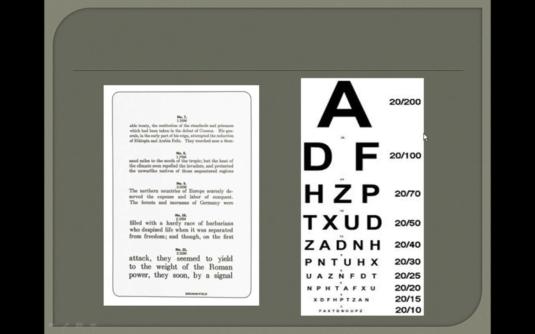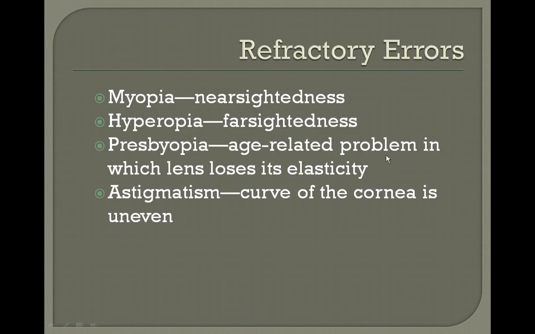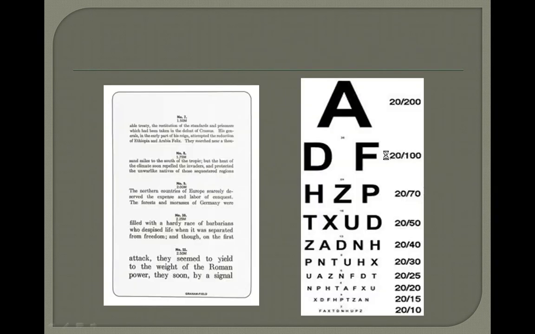And so if you'll notice here, you see the 20/200 and the 20/100 and going on down to 20/10. And so the way that we use the Snellen chart is that, let's say that me and a student stand side by side. All of you know that I wear glasses. So let's say I have a student with perfect vision, that they don't need glasses or contacts.